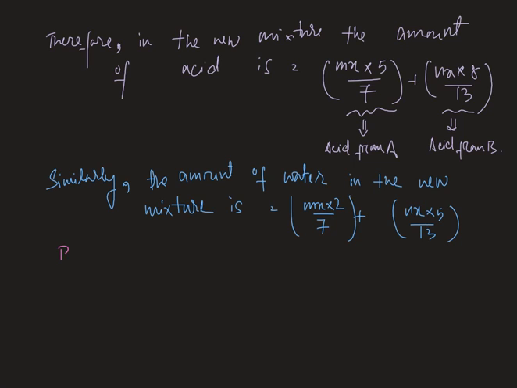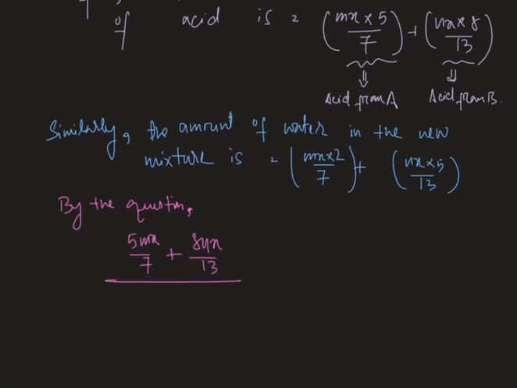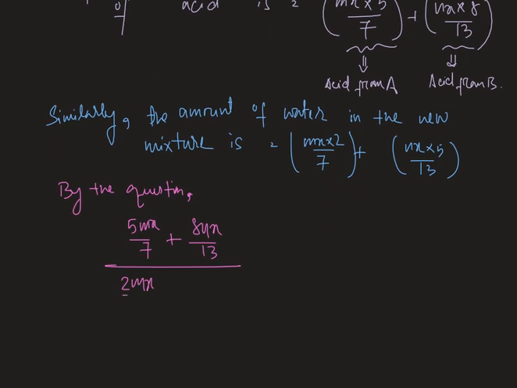Now by the question, the ratio of acid and water in the new mixture is 9:4. Therefore we can write (5mx/7 plus 8nx/13) whole divided by (2mx/7 plus 5nx/13) is equals to 9/4.